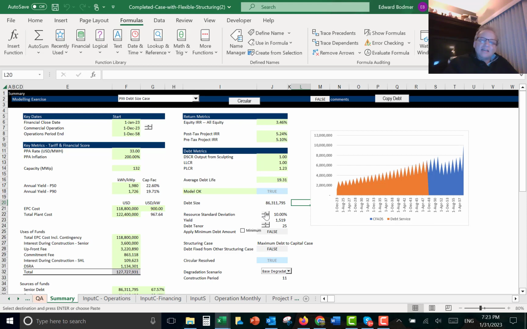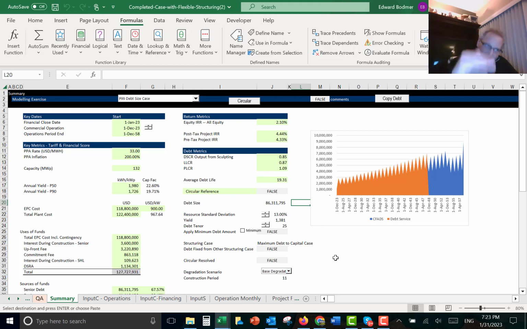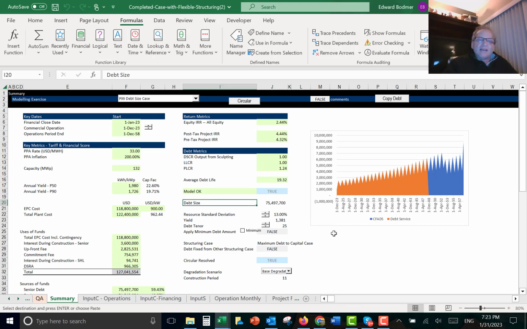Now, the P99 case has a lower cash flow, but also a lower DSCR. So you're just sizing the debt to meet a 1 in 100 year event, if you want to talk about it like that, and a 1 in 100 year event that happens every year, which has an almost 0% probability. And then we have 75 million of debt.